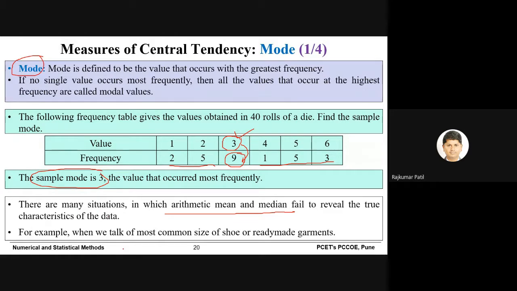For example, when we talk about common shoe size or ready-made garments, we cannot say that the minimum shoe size is this and the maximum is that, and the average is in the middle, and you can use that shoe.